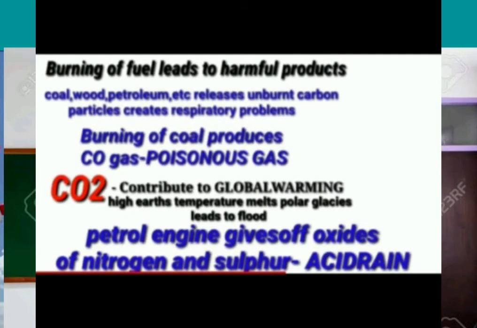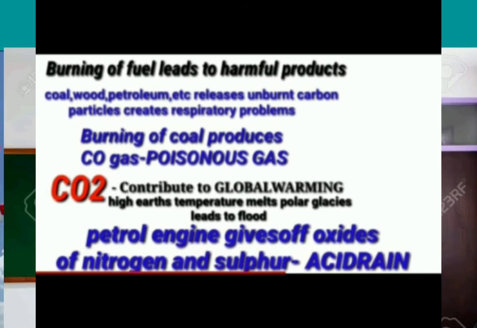Next, burning of fuels leads to harmful products. The increasing fuel consumption has harmful effects on the environment. The carbon fuels like wood, coal, petroleum release unburnt carbon particles.